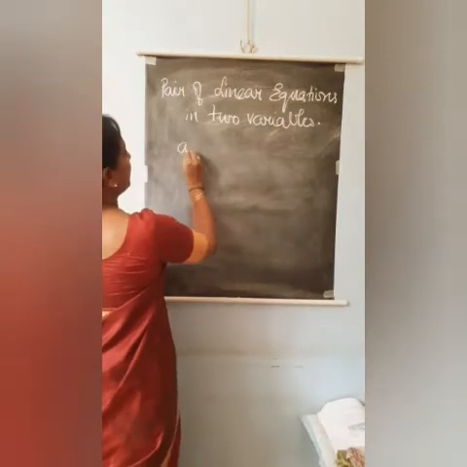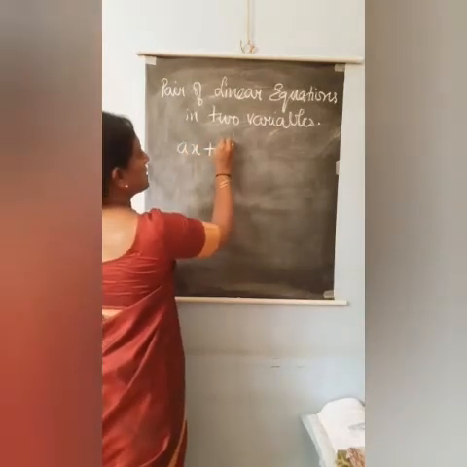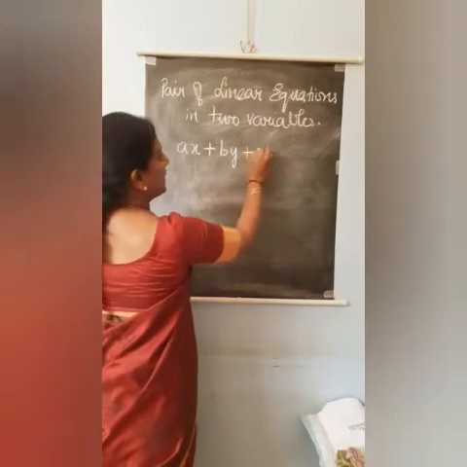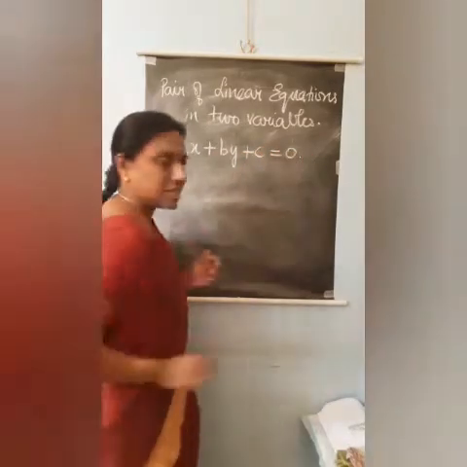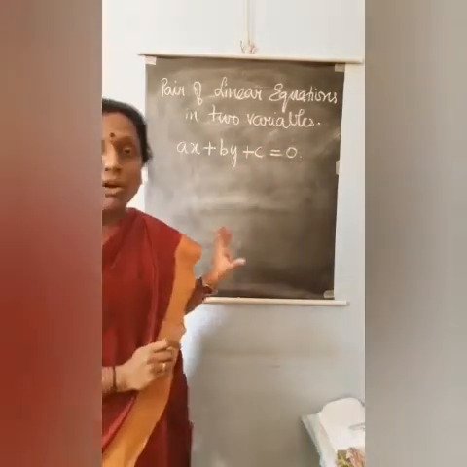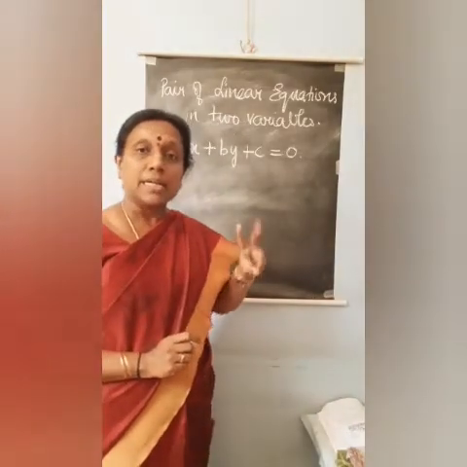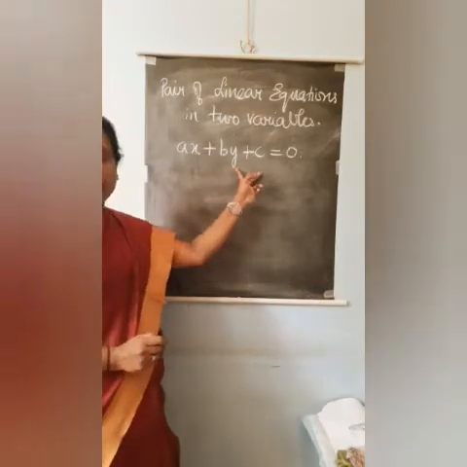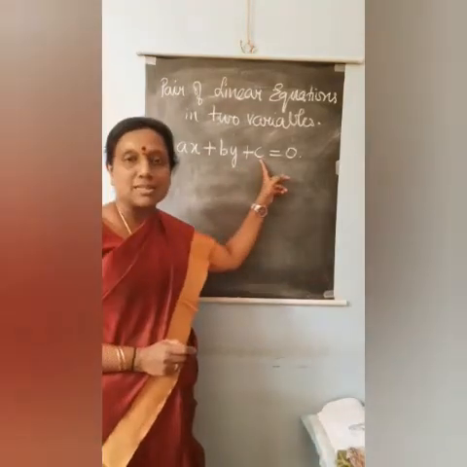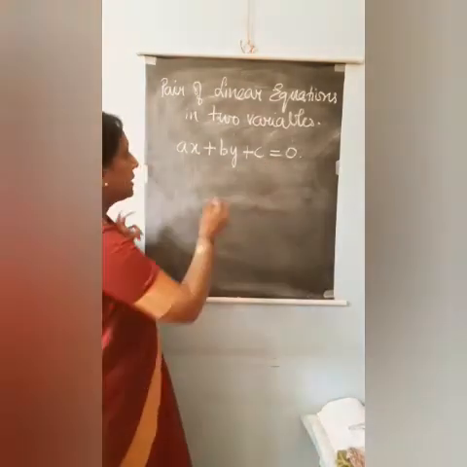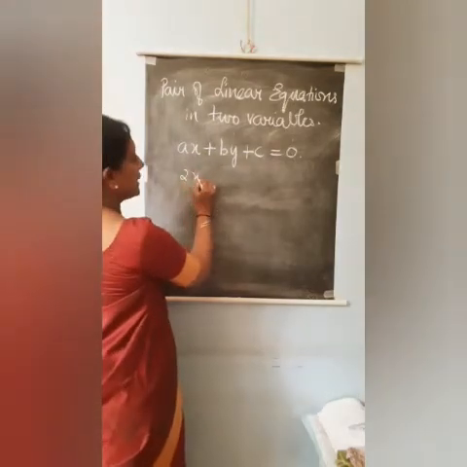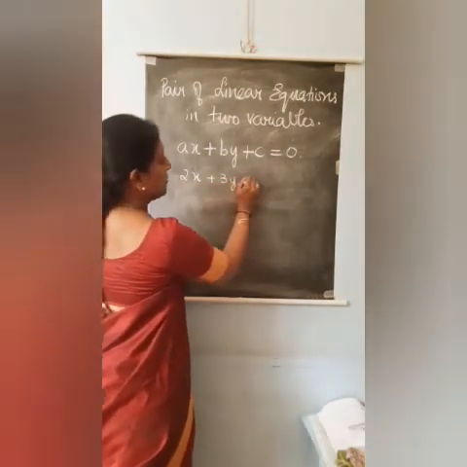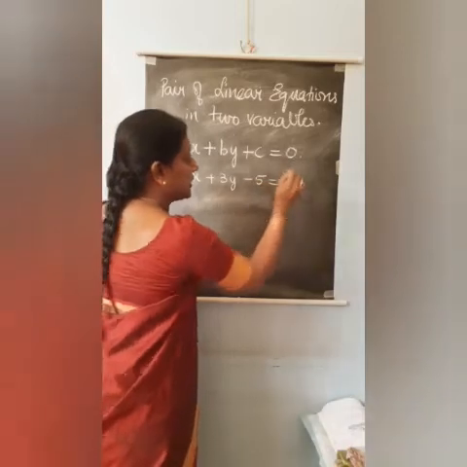The standard form of that equation was ax plus by plus c equal to 0. This was the standard form of a linear equation in two variables, the two variables being x and y, and c was the constant term. For example, supposing I had 2x plus 3y minus 5 equal to 0.